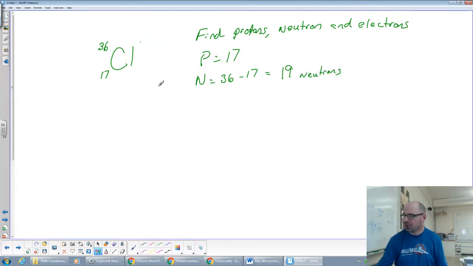And then no charge, so the electrons are going to be the same as the protons if there's no charge. So there should be 17 electrons. Okay, so that's the basic chemistry isotope notation and how it's used.